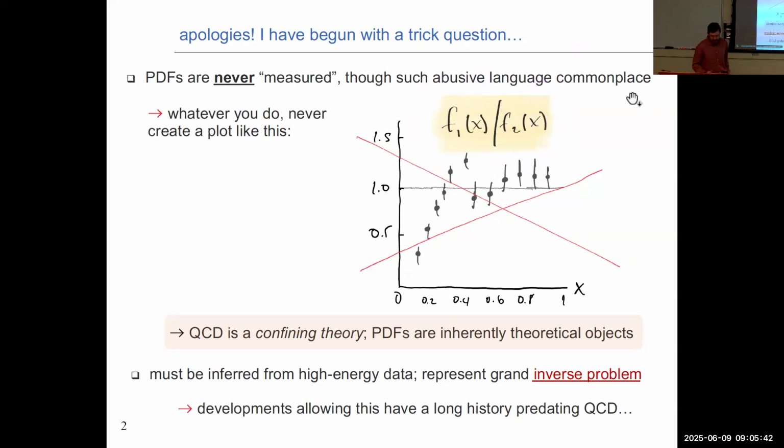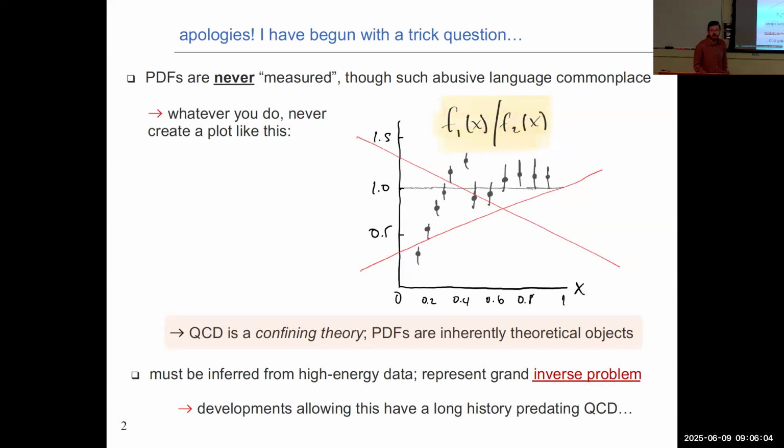Without naming names, one context in which this has been promoted recently is experiments like fixed-target Drell-Yan, where you might try to extract the ratio of d-bar over u-bar from data from an older experiment like E866 or from SeaQuest. In practice, you can't actually do this.